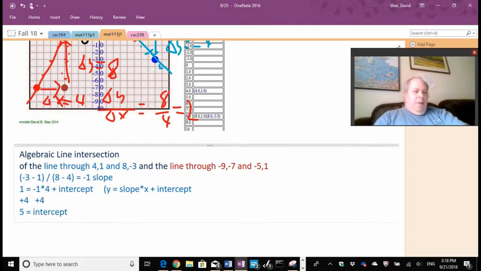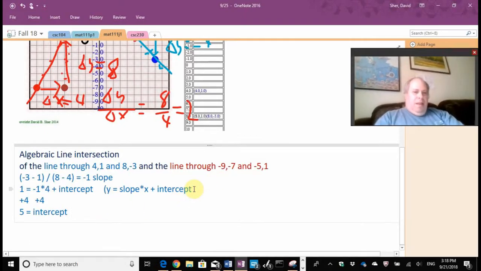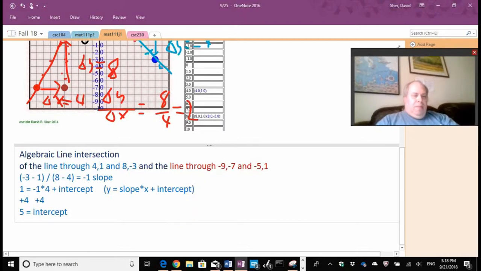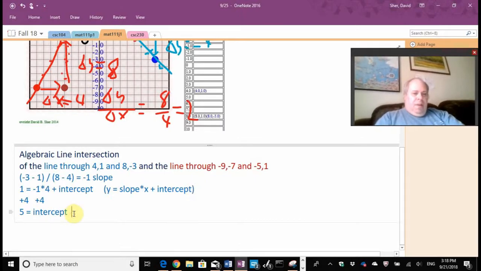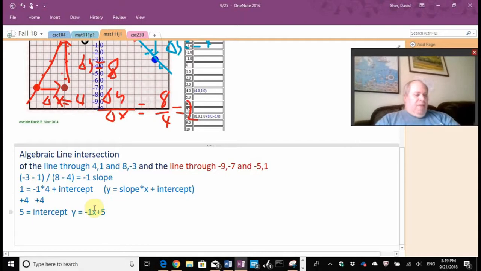And so my formula becomes y equals -1 times x plus 5. So that's my blue line: y equals -1x plus 5. Now I'm going to do the red line.